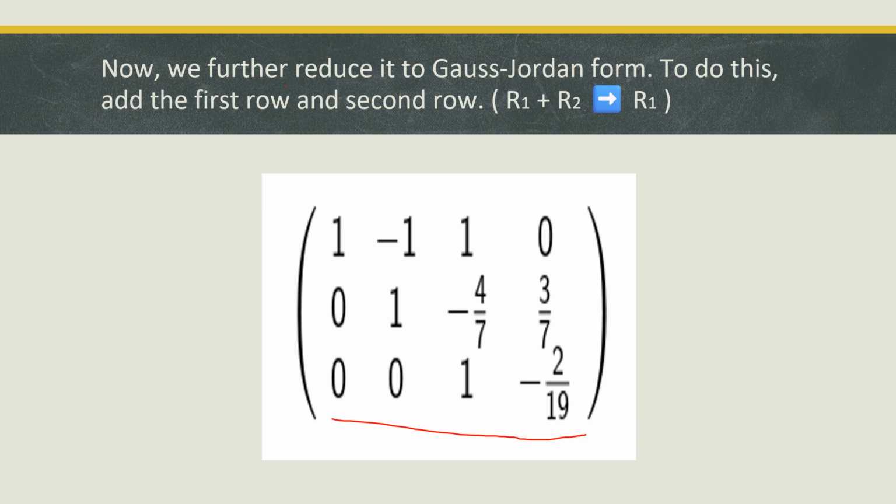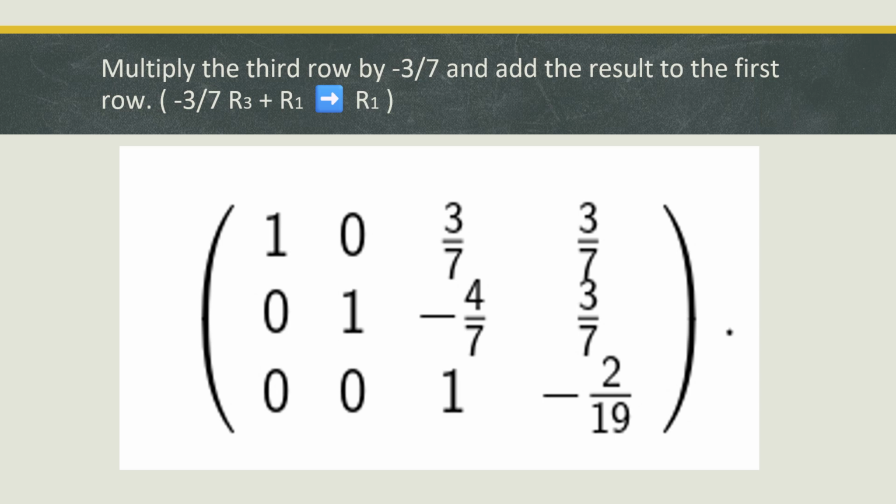And our new elementary row operation is row 1 plus row 2 to produce new row 1, because our goal is to make this into 0, because we need to reduce it to Gauss-Jordan form. So if we add row 1 plus row 2, our new row 1 is 1, 0, 37, 37.